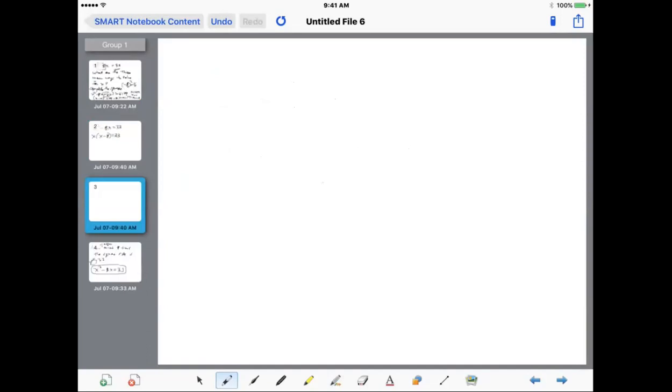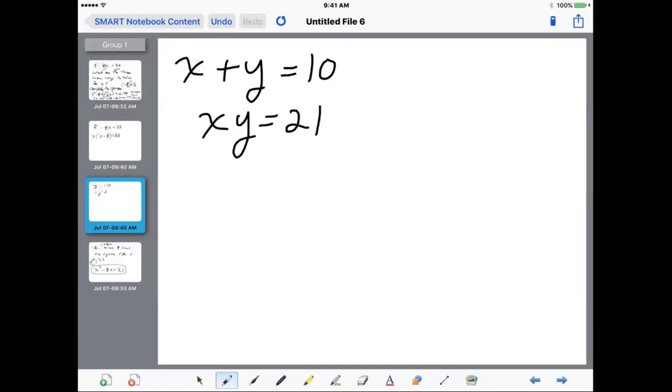But a very popular question that actually reappears throughout history is: find two numbers when you're given the sum and the product. This particular system of equations, where you're given the sum of two unknown numbers and the product, appears throughout history.